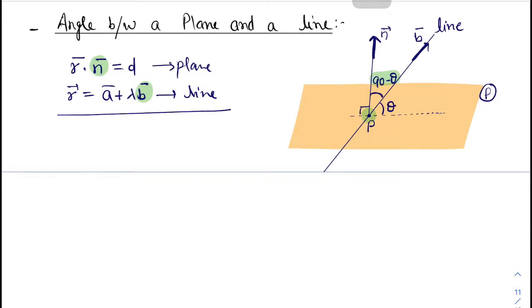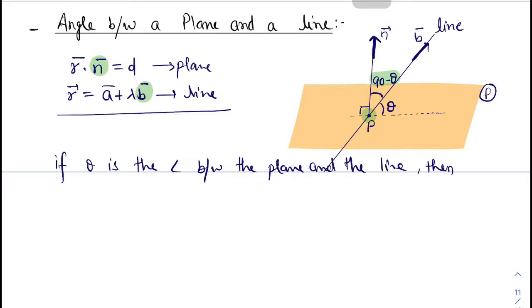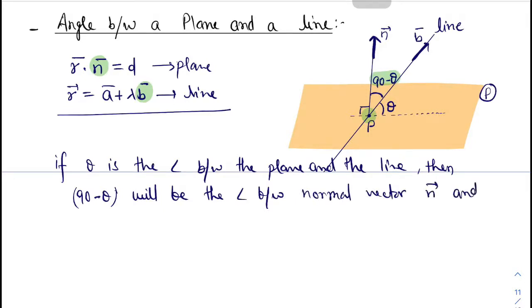Okay, so let me write, if theta is the angle between the plane and the line, then 90 minus theta will be the angle between normal vector n vector and the line.